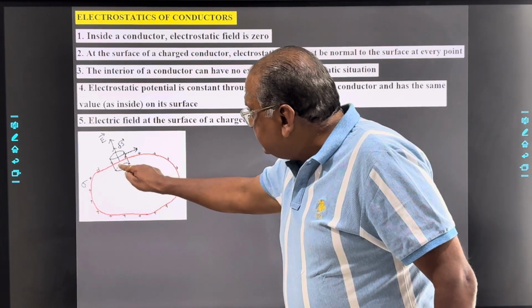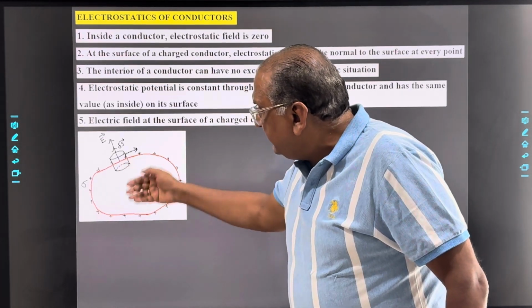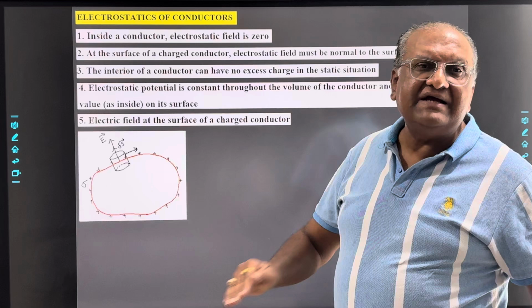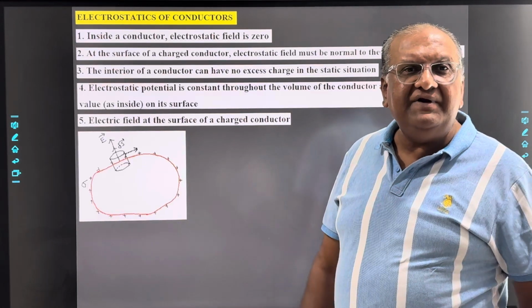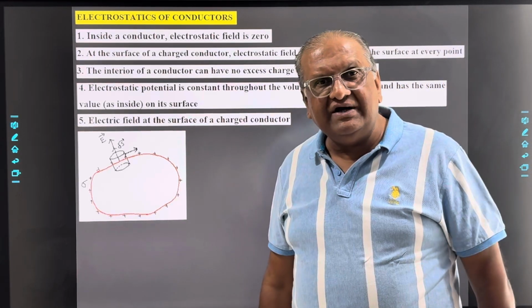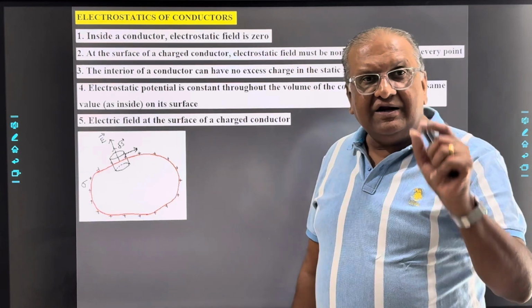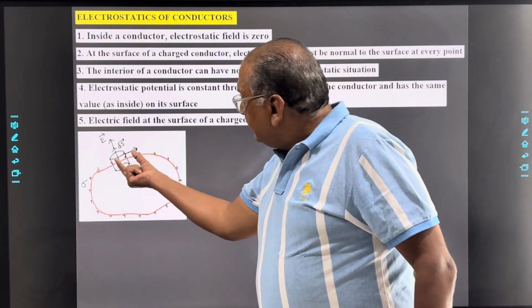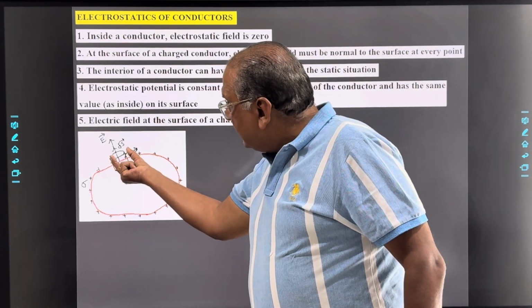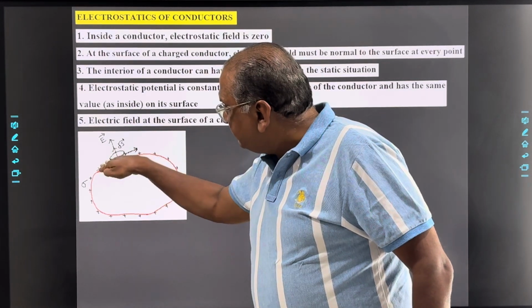Now the lower surface is inside the conductor. Inside the conductor there is no electric field, so the flux passing through it is also 0. So flux will pass only through this particular flat surface.